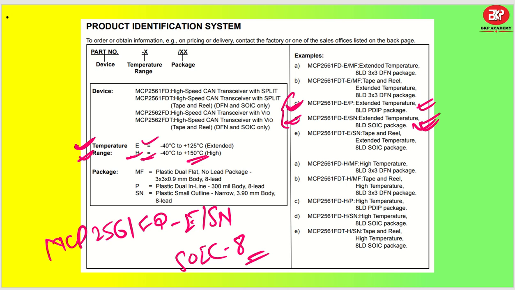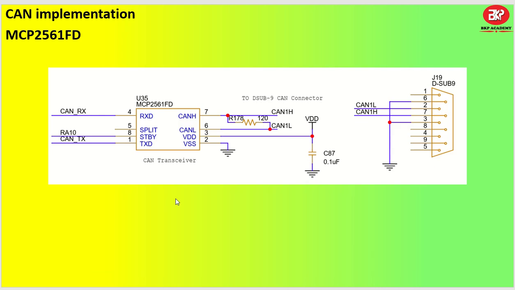Now let us move to the most awaited portion of this session, which is the circuit implementation. This is the very simple design that I have implemented in my applications. This is my CAN RX and CAN TX pin, which is connected to the CAN TX and CAN RX of our microcontroller.